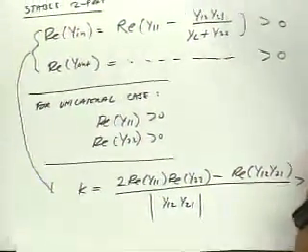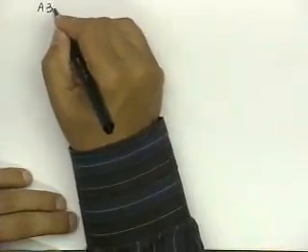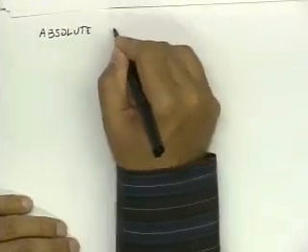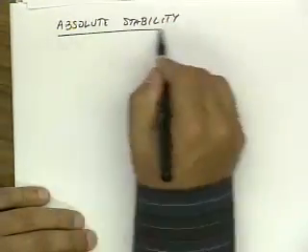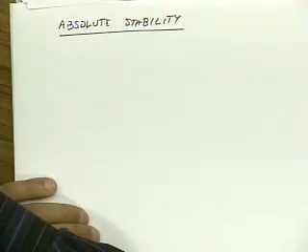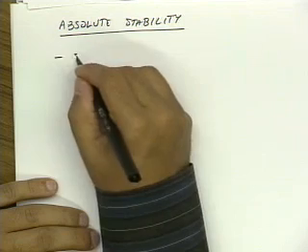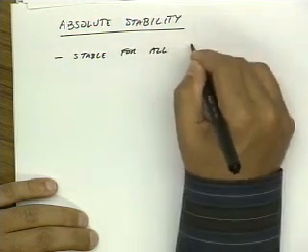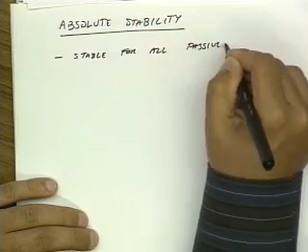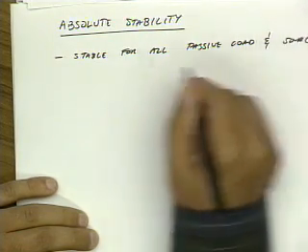Okay. So let's define absolute stability. If I say a 2-port is absolutely stable, that means that it's stable for all passive load and source terminations.